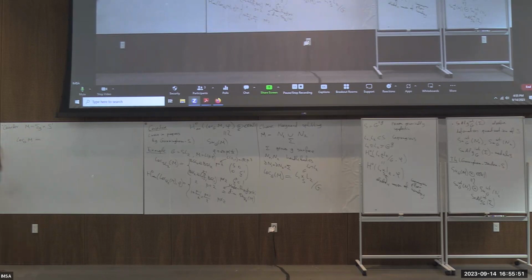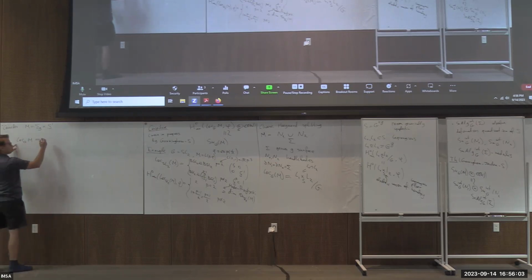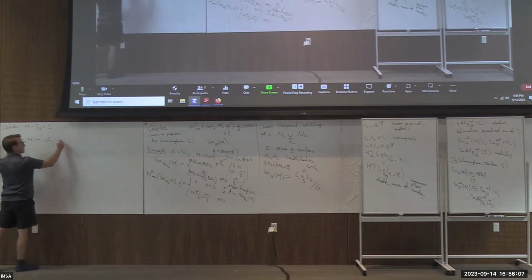So if you think about what are local systems, or what are representations of the fundamental group of M, you can actually write this in a very nice way. You can write this as the inertia stack of the character stack for the Riemann surface.